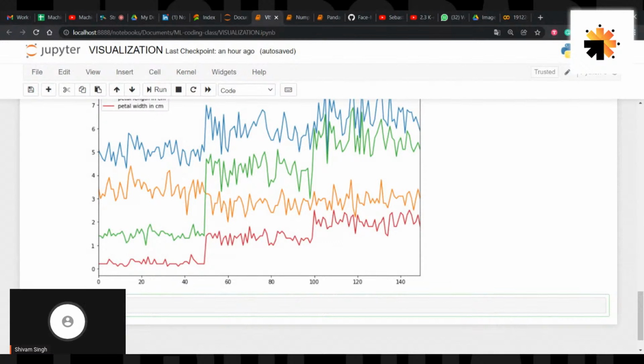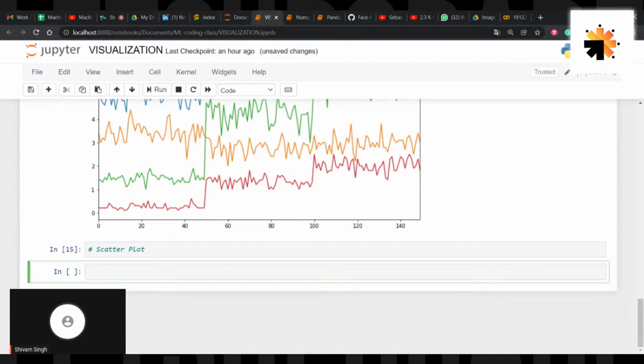Now, I can try to take some other plotting, so a scatter plot. A scatter plot is also going to give me a very good insight, a very good observation.